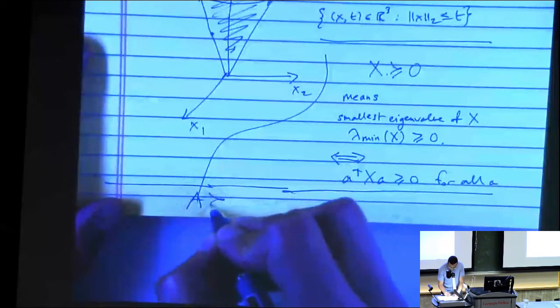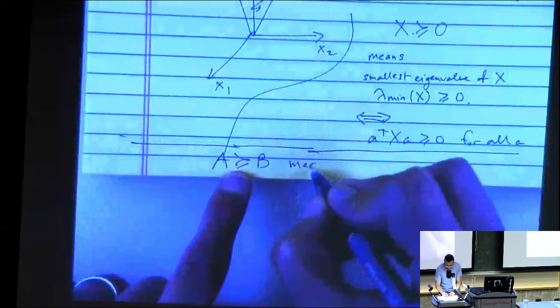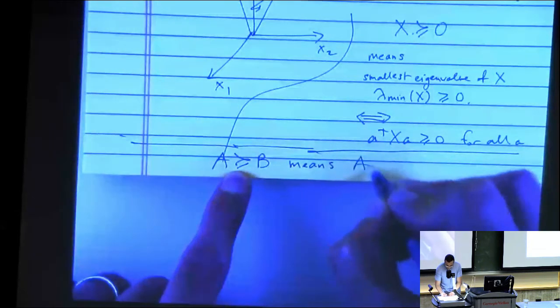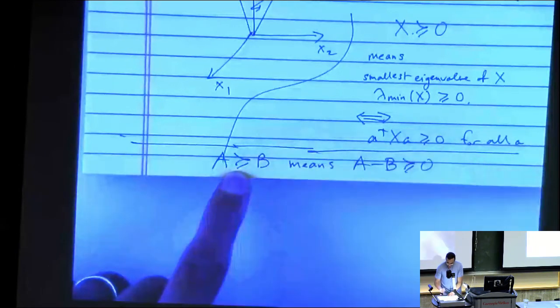Just a note in notation, anytime I write something like, for example, A curly bigger than or equal to B, I mean by that that A minus B is positive semi-definite.